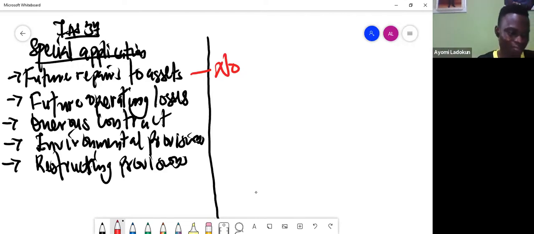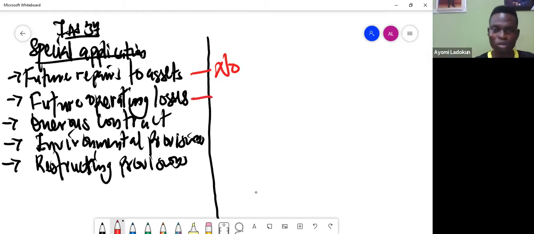So it relates to the future, and you can even avoid that obligation. So obviously, you cannot recognize a provision. So once you see a scenario that is talking about you want to repair in the future, then tell the examiner you can't provide.